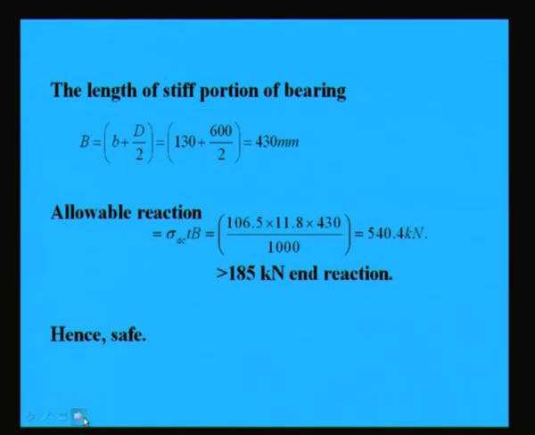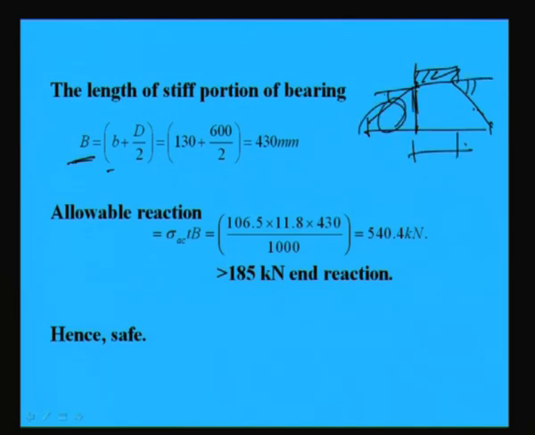Then what we will do? We can find out the length of the stiff portion of bearing. That will become B plus D by 2, because this is a 45-degree angle dispersion. If this is the bearing plate, then with 45-degree dispersion it will be B plus D by 2, and at the support only, here only it will be.